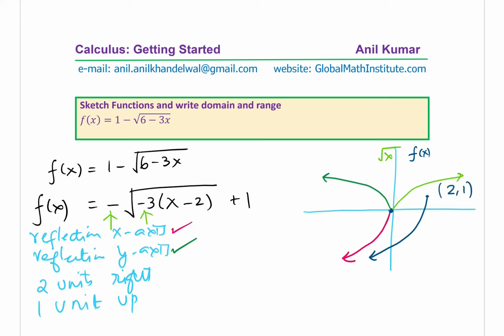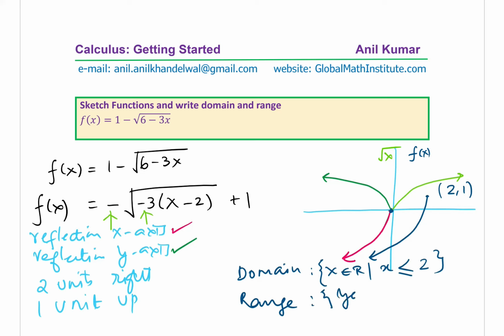So now we can write down the domain and range, correct? The domain can be written as x belongs to real numbers, where x is less than or equal to the x value of 2. The range will be y belongs to real numbers, where y is less than or equal to the tip, which is at the y value of 1, correct?